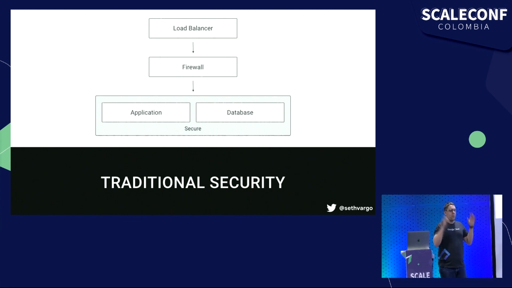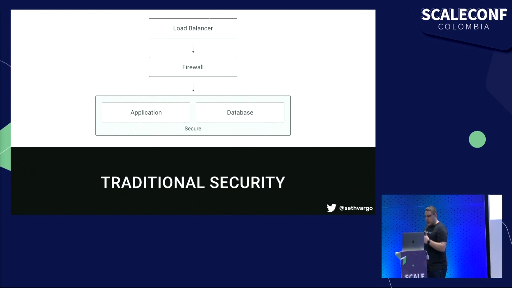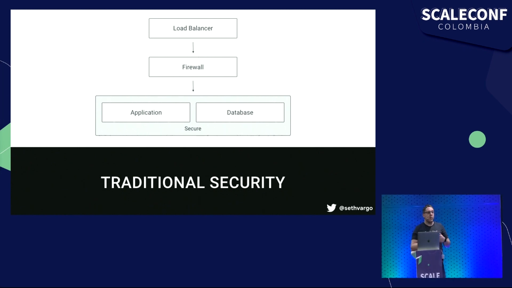You had some external load balancer that you owned, maybe like an F5 or some hardware load balancer, and that would hit some enterprise-grade firewall in your own data center that would do TLS termination, and then you would be in the secure area. And all transmissions between applications and services was generally trusted. And that was inside your data center.